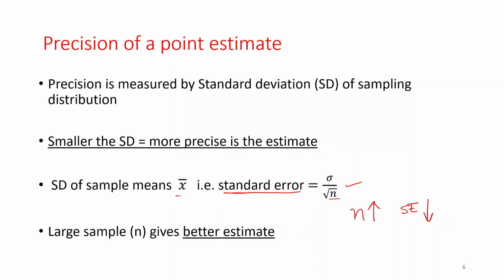And standard error is the standard deviation of sample means. So that is the reason that if we want to reduce the error, we have to go for a large number of samples. But because of many other reasons, sometimes we may not be able to take a large number of samples, but whenever it is possible, we should try to go for more samples.